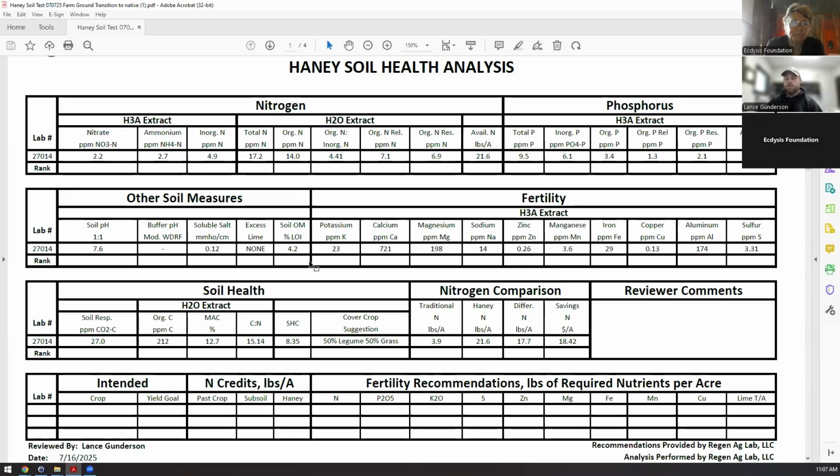Ideally, we like to see that number above 7. Now, I'll mention what should it be? Everyone asks, well, what should it be? That is going to be heavily dependent on your region. So, for example, Eastern Oklahoma, New Mexico, you're both represented here.